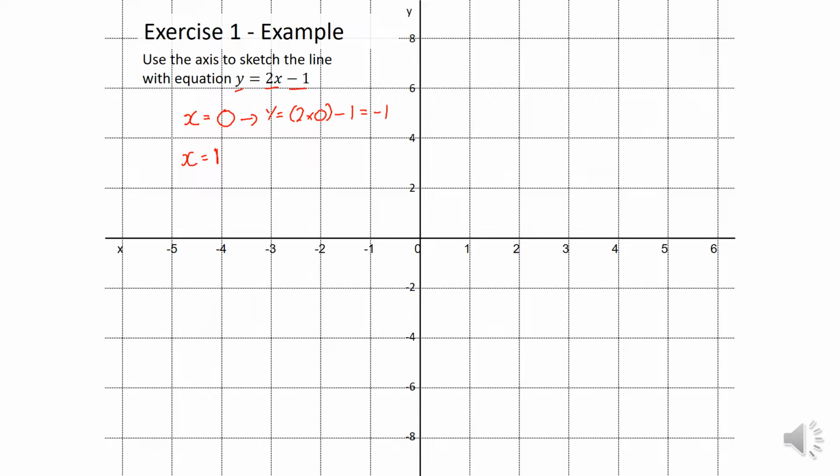So when x equals 0, y equals minus 1, so it's going to hit here. This is the coordinate (0, -1).